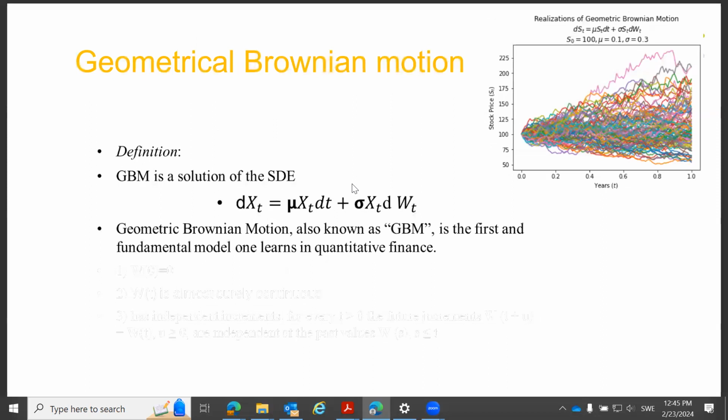Also arithmetic Brownian motion and geometric Brownian motion. Geometric Brownian motion is very convenient and very important for us. In this case, coefficient a is the product of mu and x_t, and coefficient b is the product of sigma and x_t.